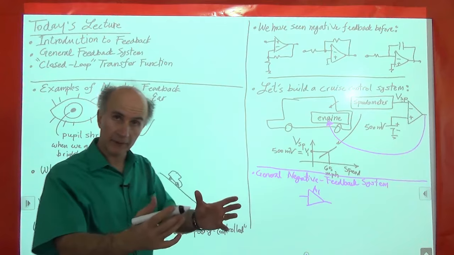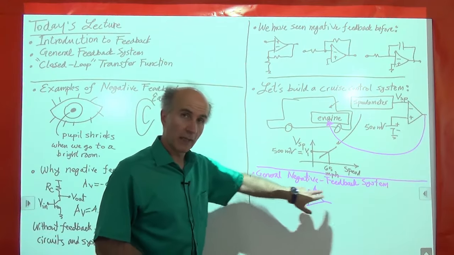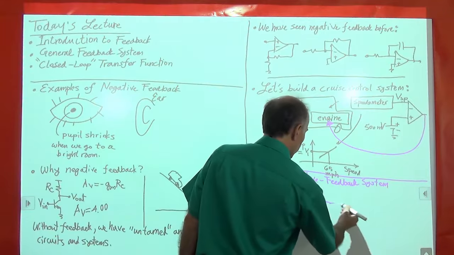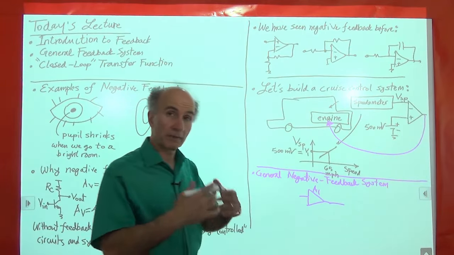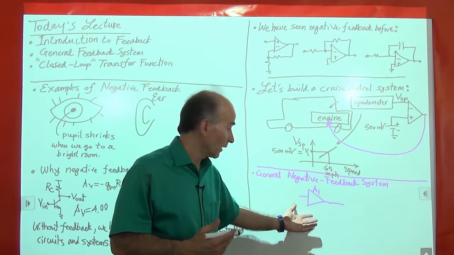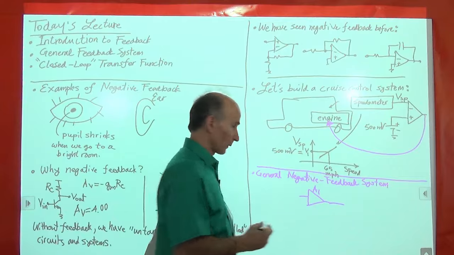I bought this amplifier, and I brought it here. Ordinarily, my input would go here, and my output would be here. Now, I would like to exploit negative feedback to improve the accuracy of the gain of this amplifier. So this is what we will do.